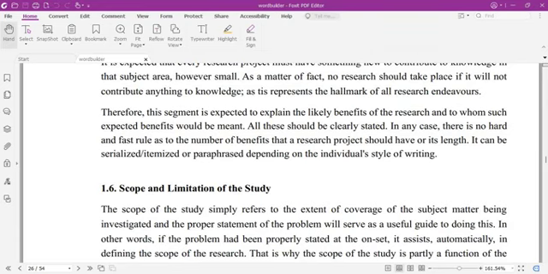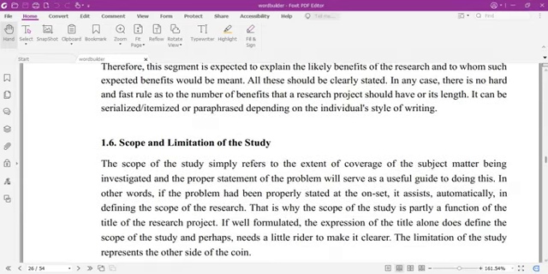It can be serialized or itemized or paraphrased depending on the individual style of writing. So it's your choice depending on your own style of writing. You can paraphrase it, just aim at adding to existing knowledge.